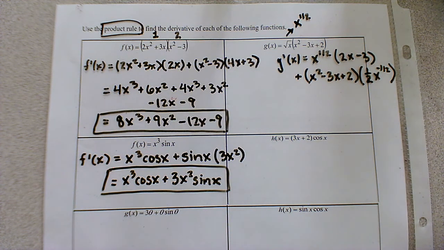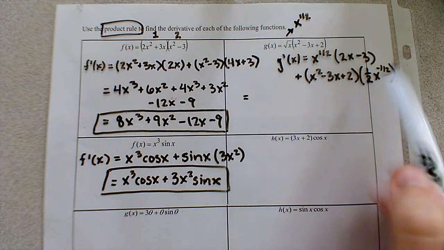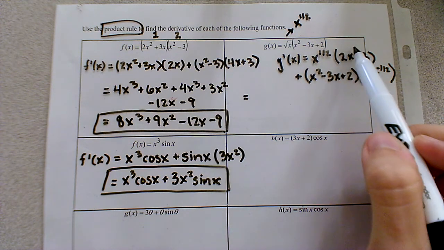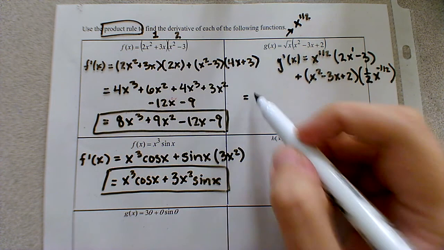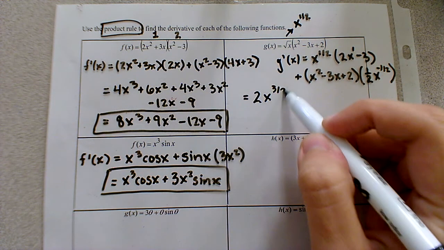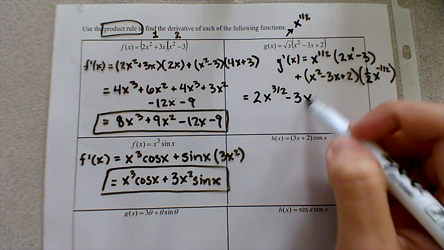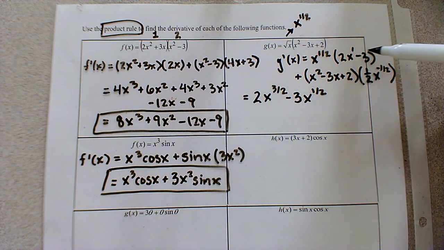Again, the answer on a multiple choice question is most likely going to be the simplified form. So we can start to distribute in some of these quantities. Now, when you're distributing x's to powers, remember that we use that power property where we add the powers together. So this would be 2x to the 3/2 power, if we add those powers, and then minus 3x to the 1/2. Okay, so we can distribute in that x to the 1/2.